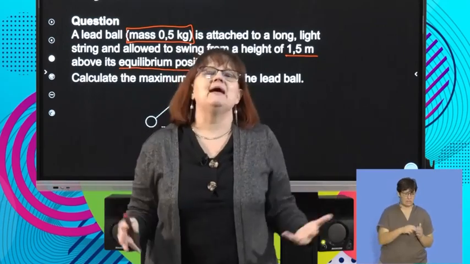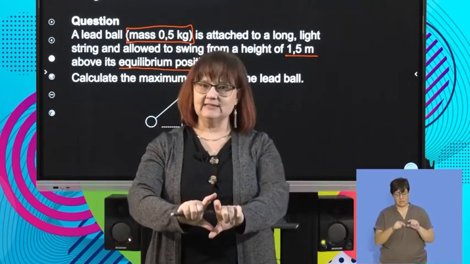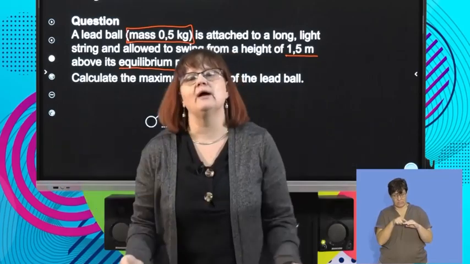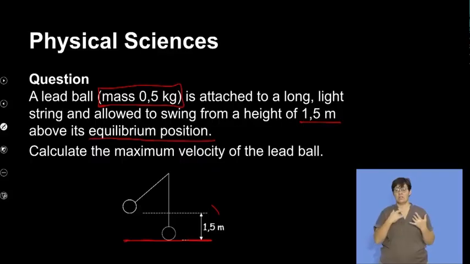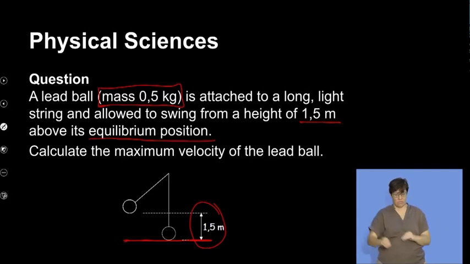That doesn't matter because that distance sort of falls away when we do the calculations. What I'm concerned about is its difference in height when it moves, okay? And the equilibrium position is when it's at the bottom.